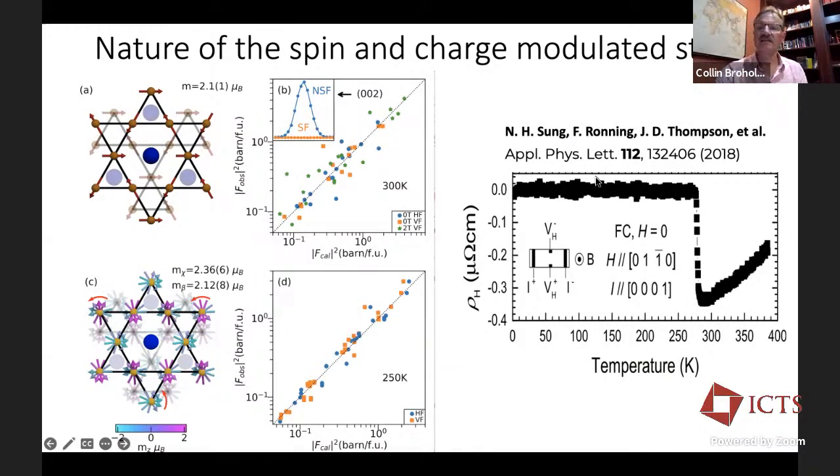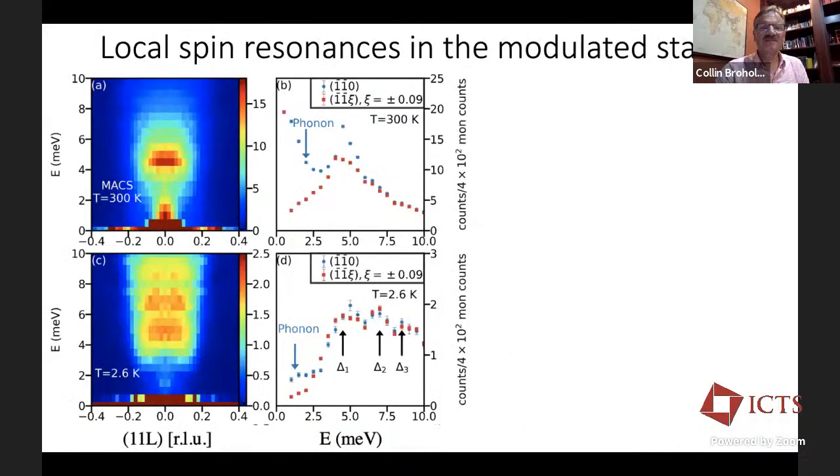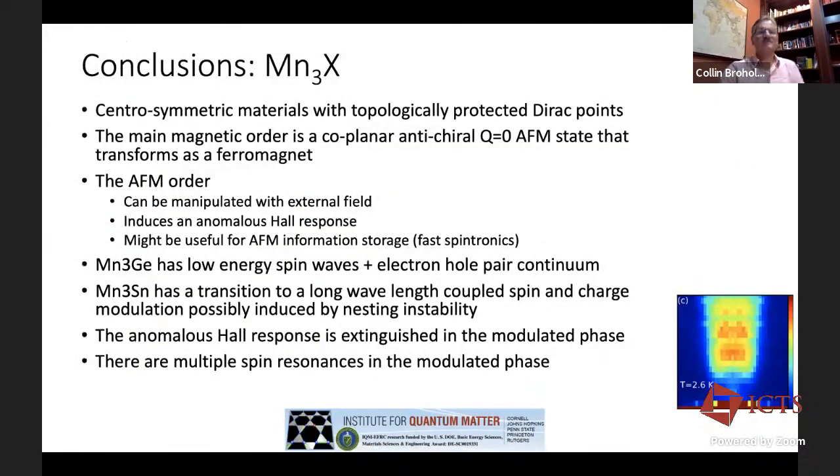That's shown here in an experiment from the Los Alamos group, where the anomalous Hall response in zero field cooled is present in the Q equals 0 state, but then you transition to the incommensurate state and you lose this response entirely.